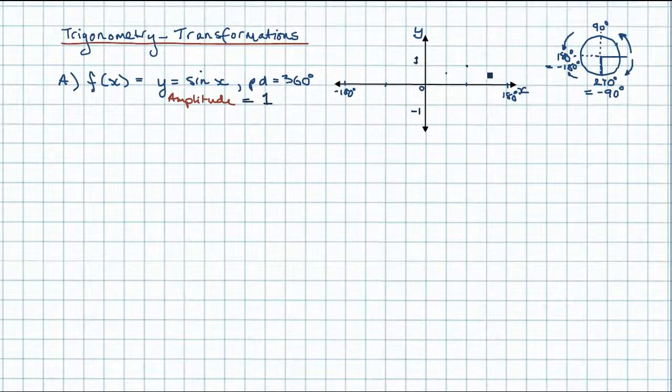But we should know the shape of our graph, so it should be fairly straightforward to, let's put in our lines here, simply draw it up like this. Okay, and that's completed half of the period of the sine function.